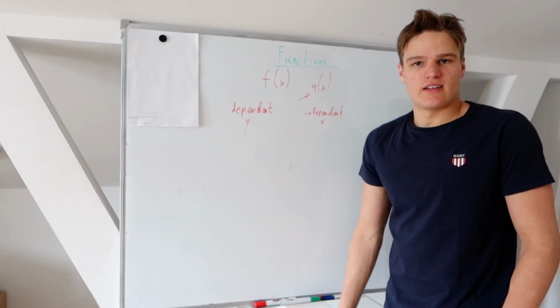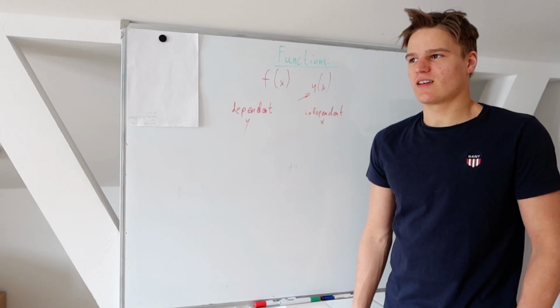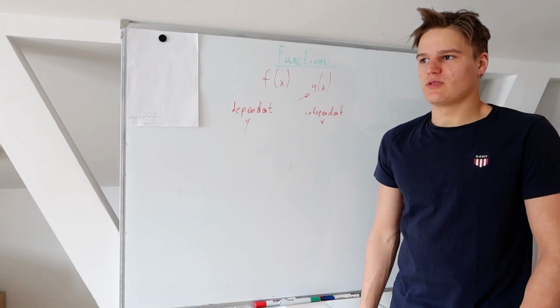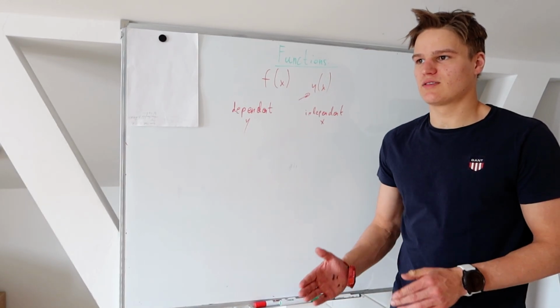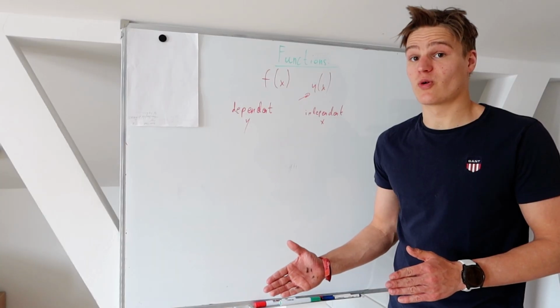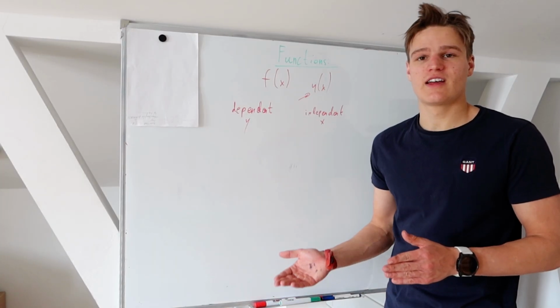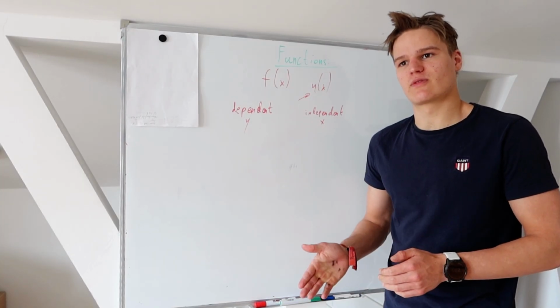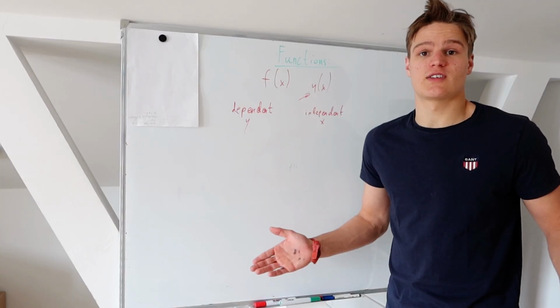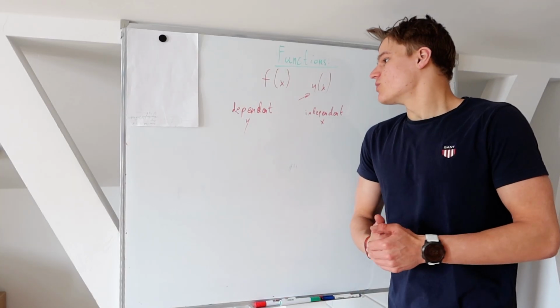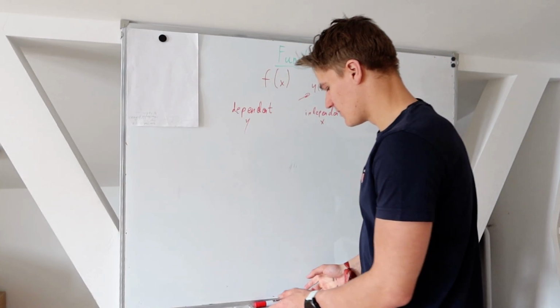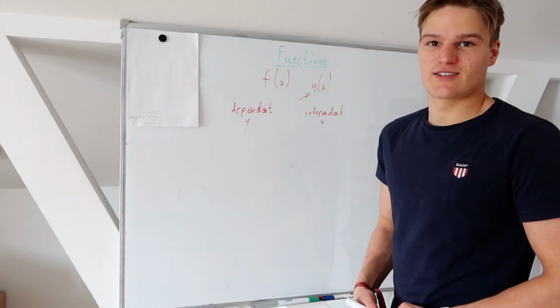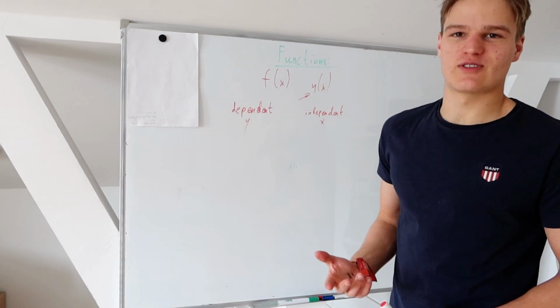Going back to the example with the money, it doesn't matter whether you say in 3 months I'm going to have this much money, or I'm going to have this much money in 3 months. It doesn't matter whether you plug in for the money or for the time. That's what's nice about these functions. So anyways, that is not actually the topic of today. I just wanted to give you guys a little bit of an introduction.